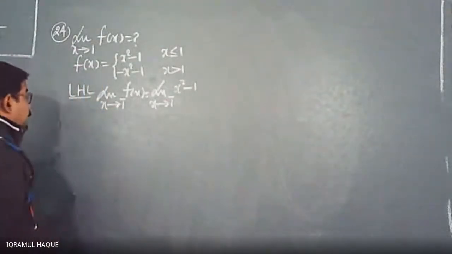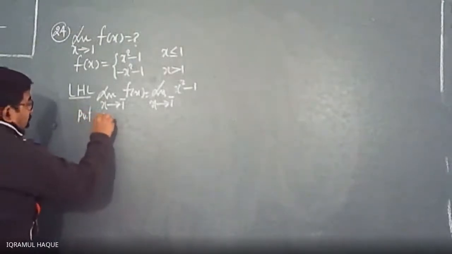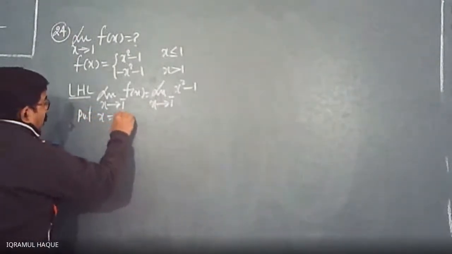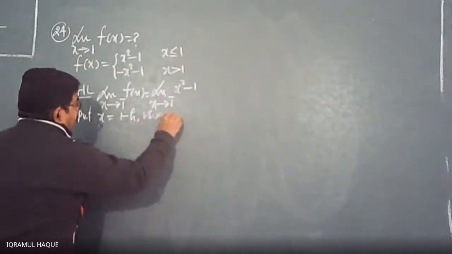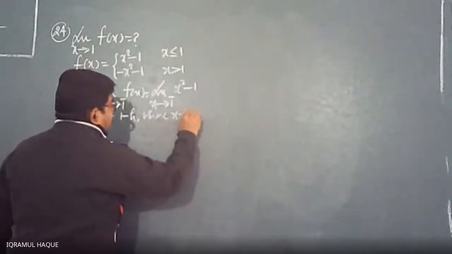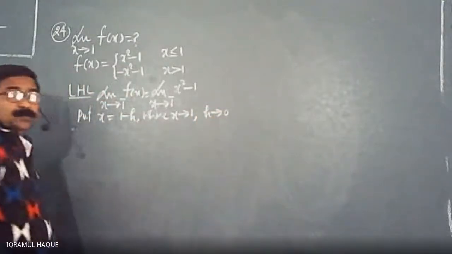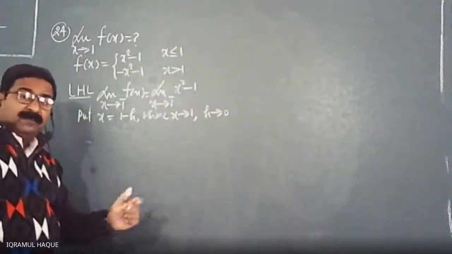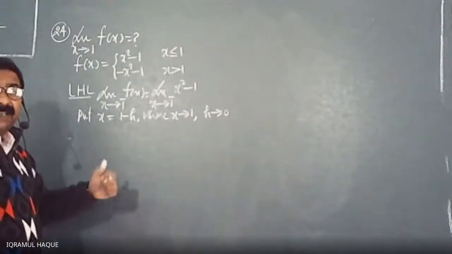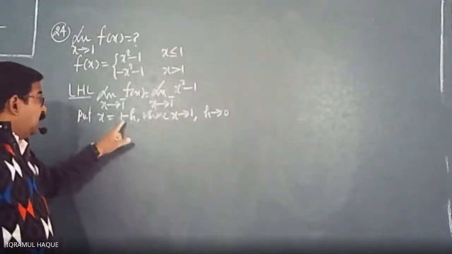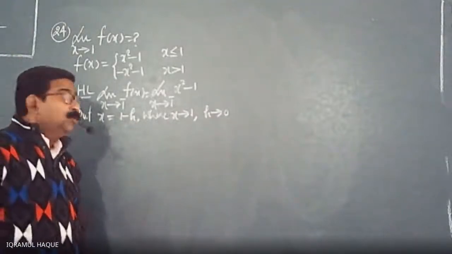Like, see, put x is equal to 1 minus h, where x is tending to 1, h is tending to 0. In case of LHL, we subtract limit minus h, and in case of RHL, we add limit plus h, and limit h tends to 0.